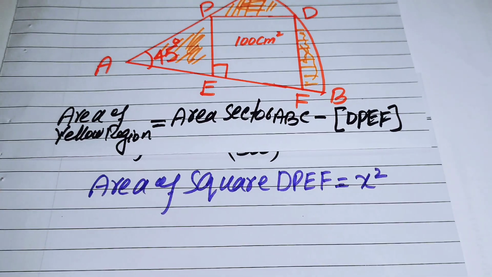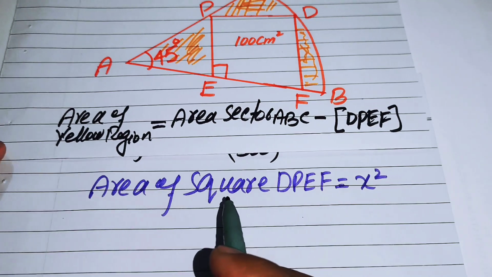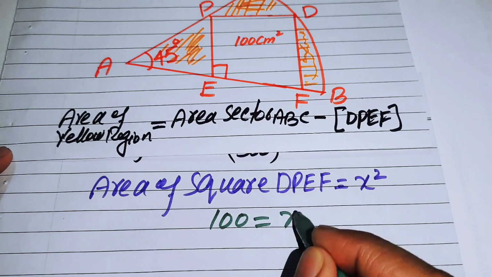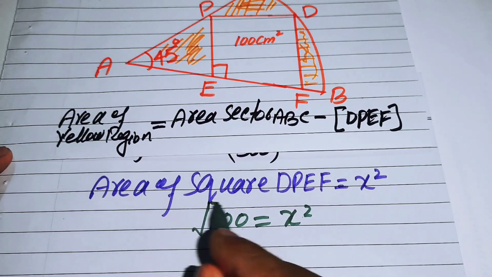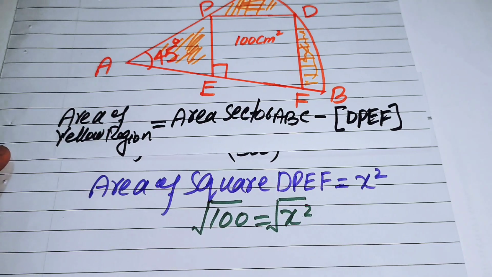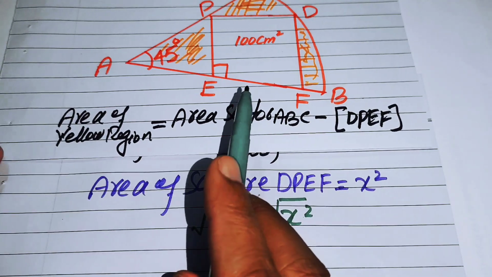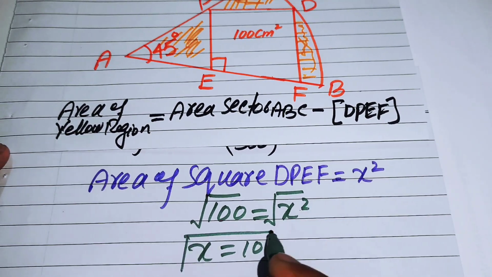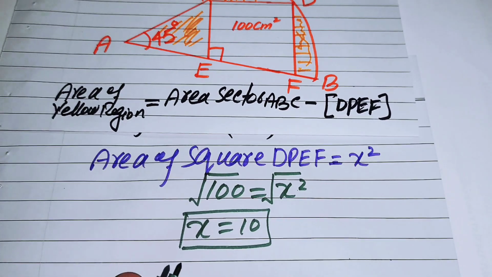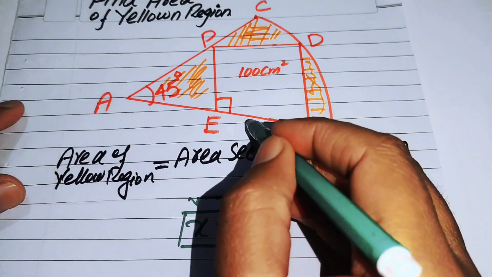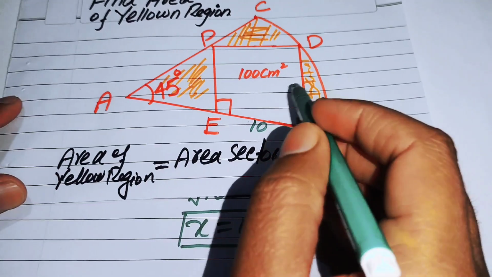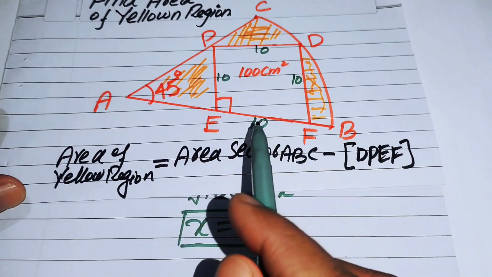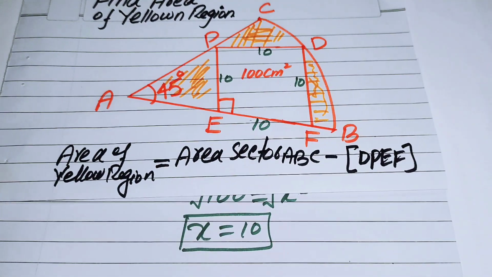So we put the value: 100 centimeters square equals x squared. Taking the square root on both sides, we easily get the side length of this square: 10. All the side lengths of this square are the same, so all sides will equal 10.